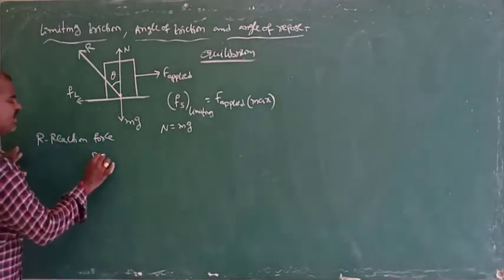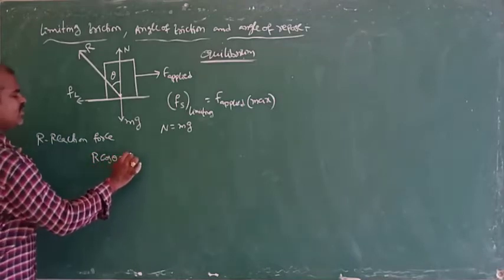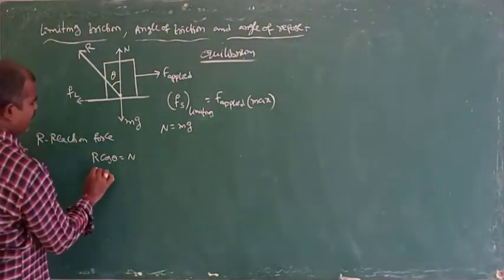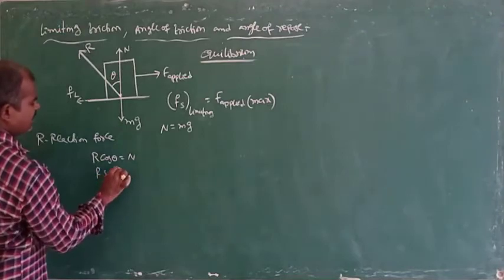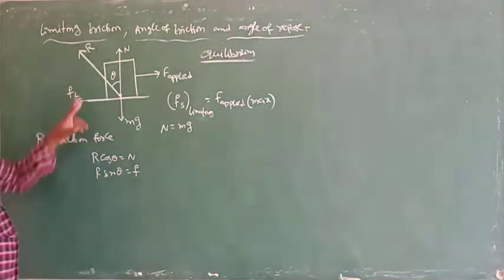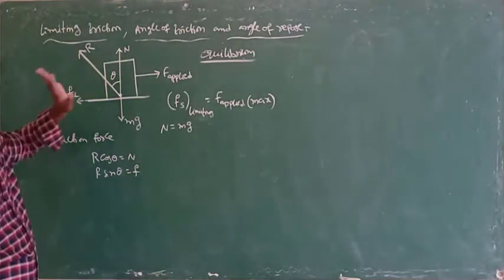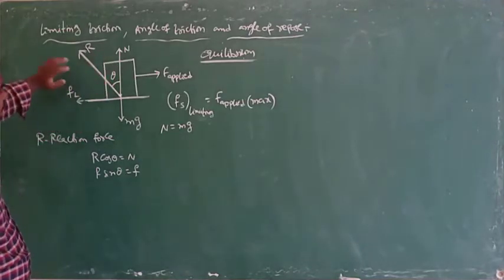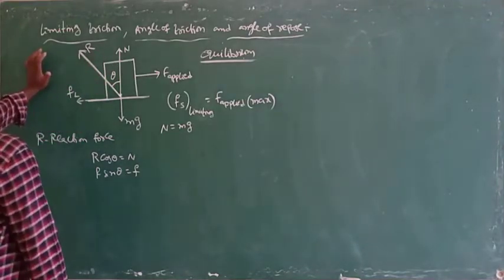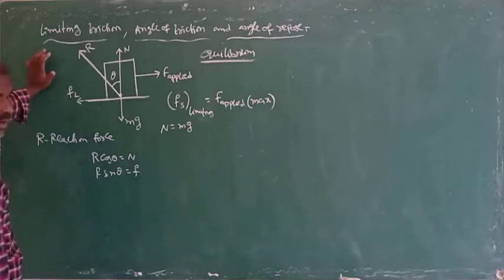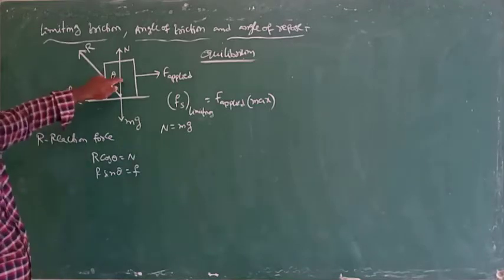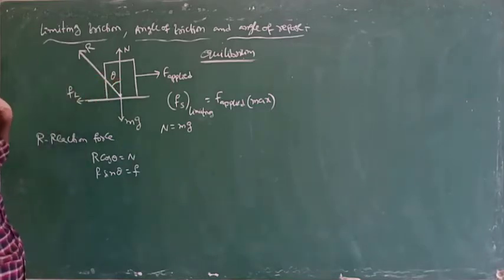One is R cos theta equals N. Another one is R sin theta equals F. This reaction force only resolves into two components: one is perpendicular, another one is parallel.